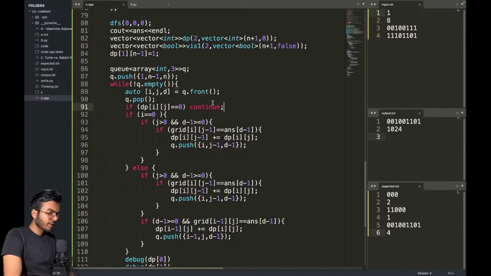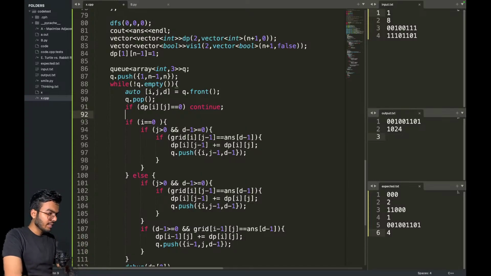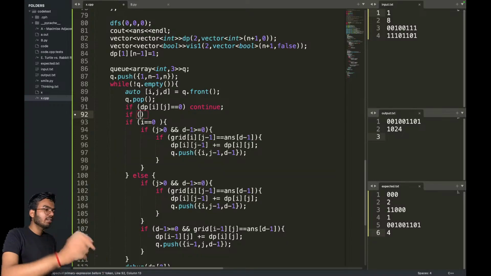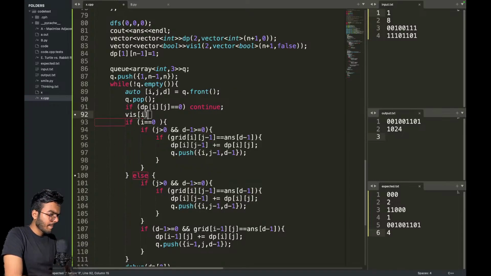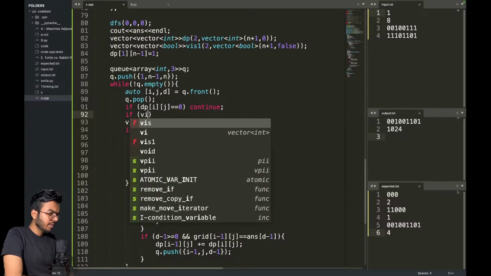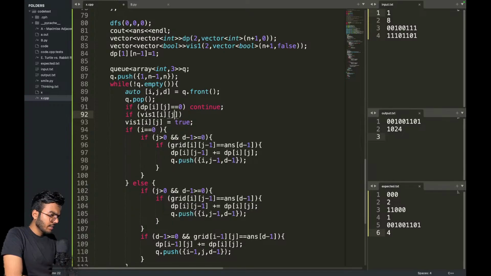So I will say like, okay, if something is already visited, yeah, I think I can say like if dp of I and j is already, no, I can't say if it is greater than 0 because it will be greater than 0. I should say visited. Visited 1 of I and j equals to true, and if visited 1 of I and j, then continue.